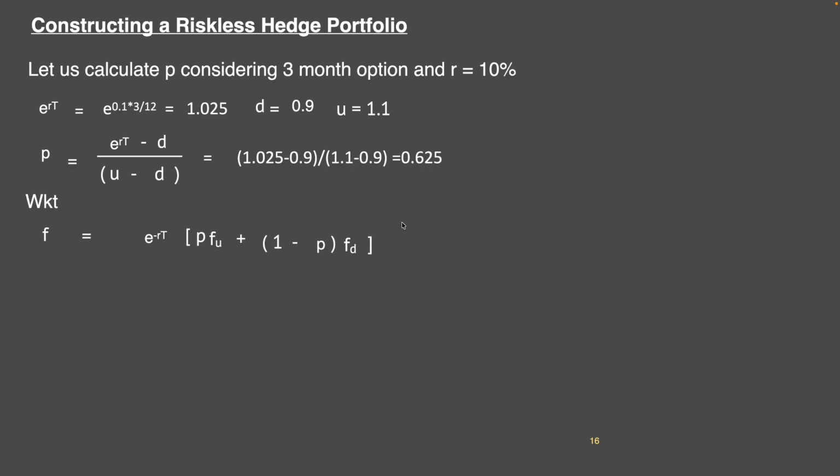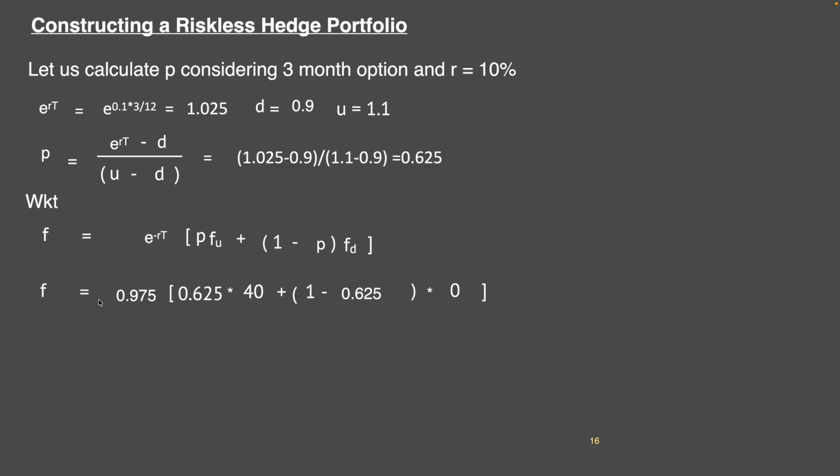We have a formula for calculating the value of the option at the start of the contract. That formula is equal to e to the power of minus small r into capital T, into P times FU, the option price in the up move, plus 1 minus P into FD, which is the option price when the underlying loses its value by a particular amount.